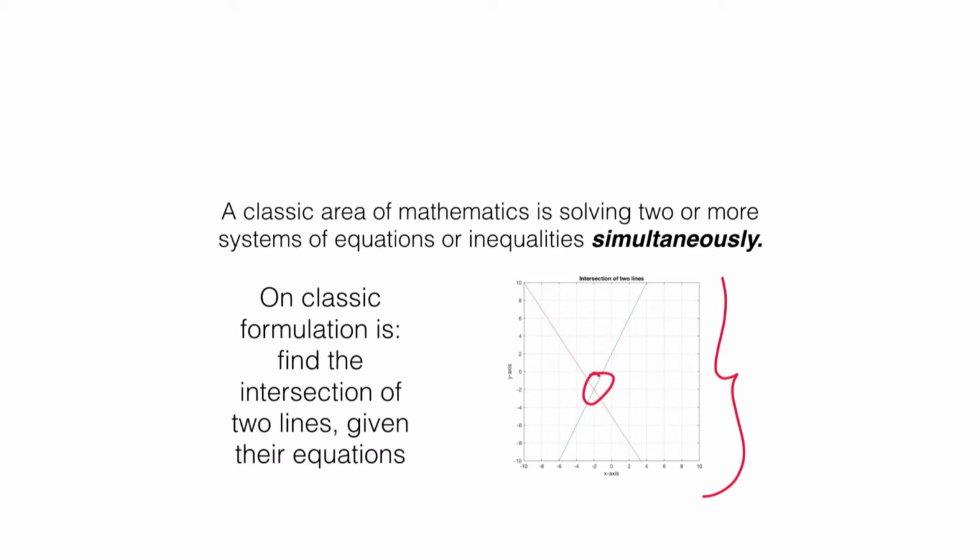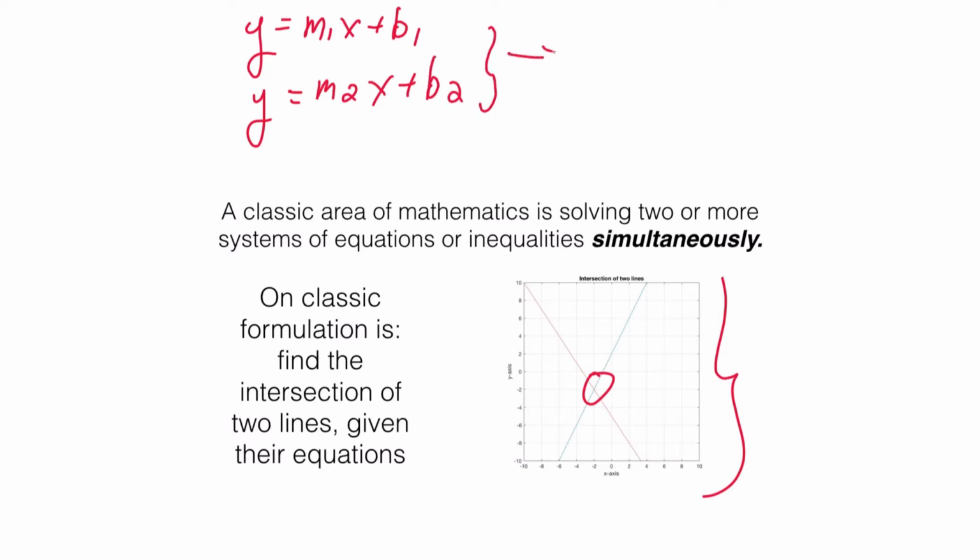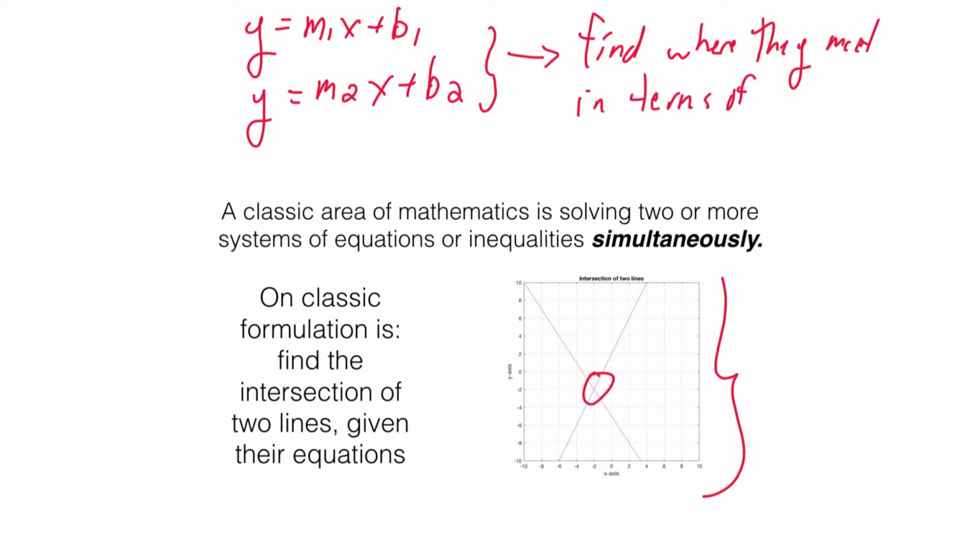Right, so another way of saying this is that if I write y equals m1x plus b1, and another line y equals m2x plus b2, find where they meet, but I want it in terms of m1, m2, b1, and b2.